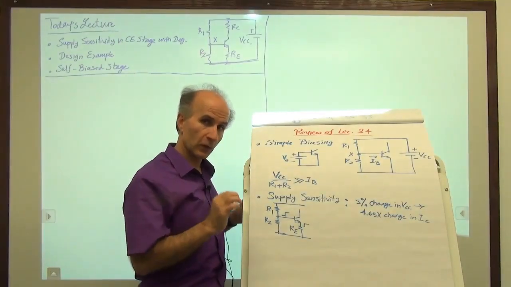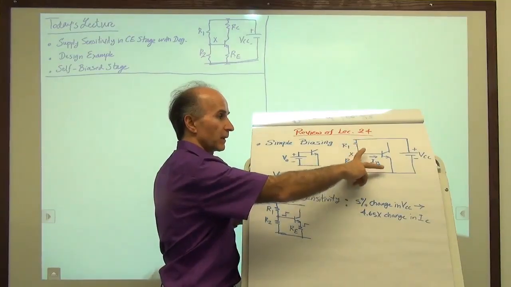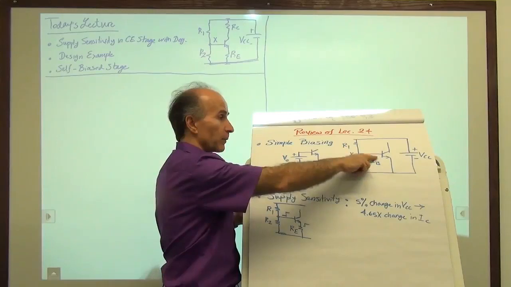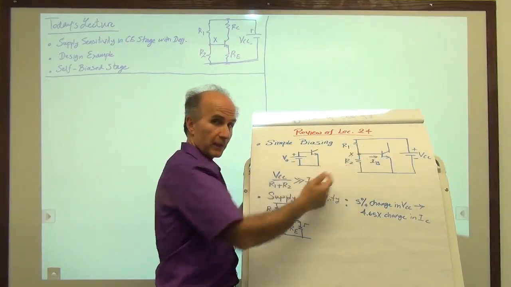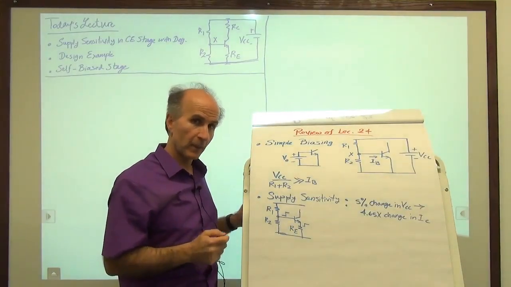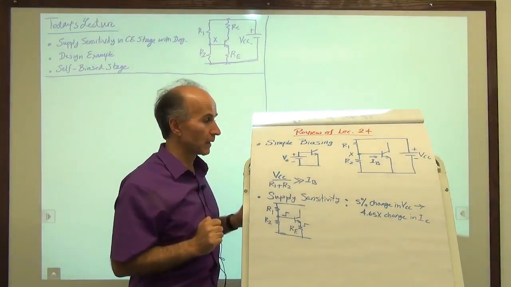If you recall also, to minimize the sensitivity of this voltage to the base current, meaning to beta, we prefer to use a large current here, about 10 times the base current, so that the sensitivity, at least to beta, is minimized. But the sensitivity to VCC is still there.